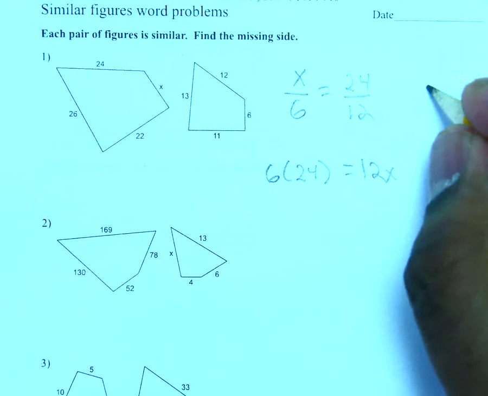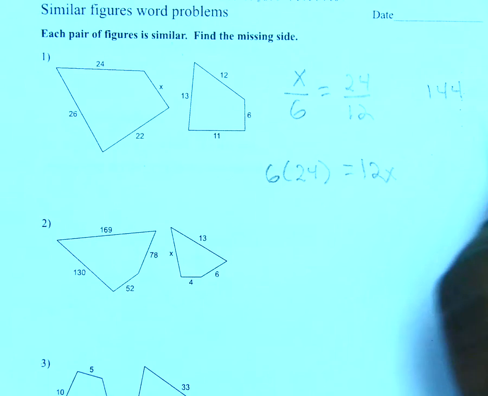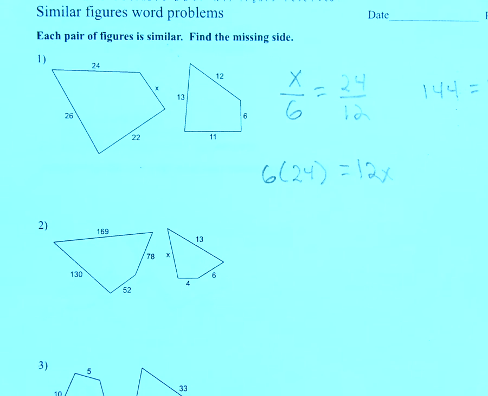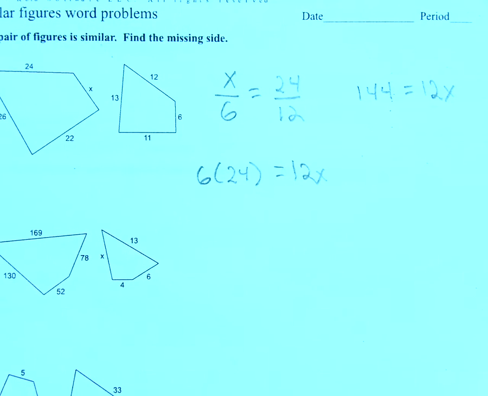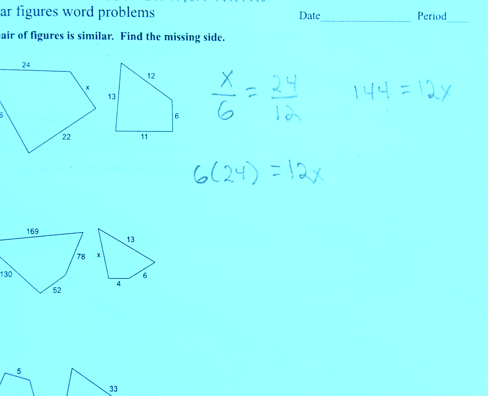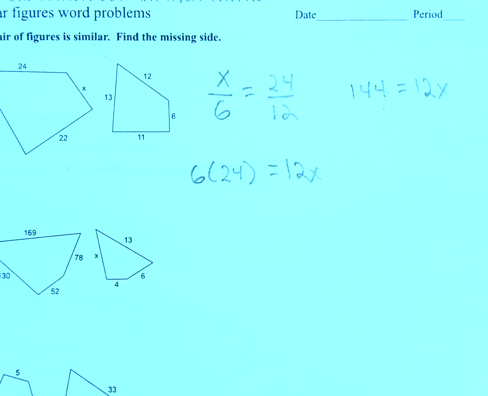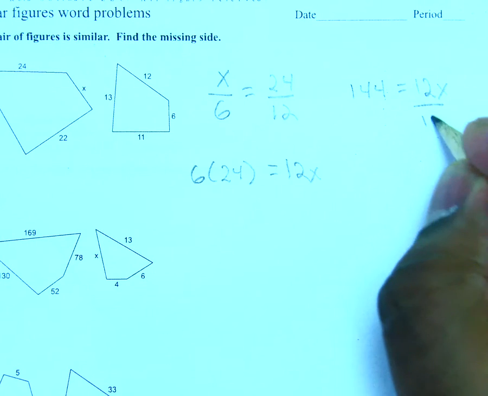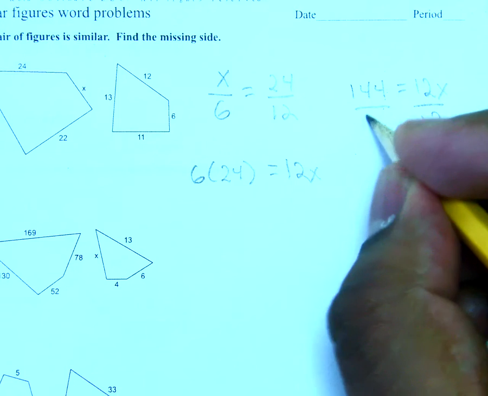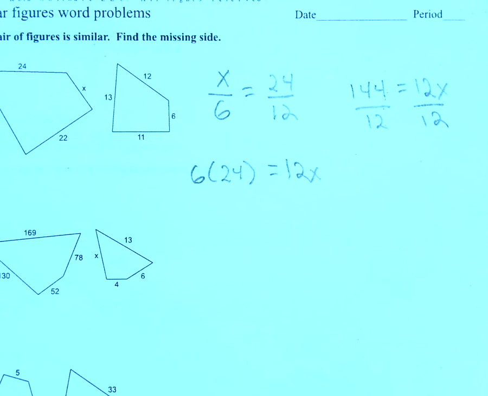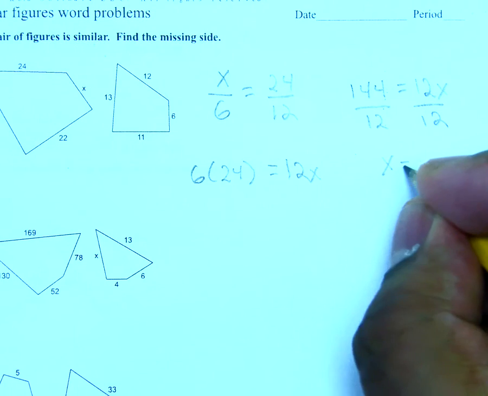Six times 24 would be 144, equal to 12x. And then you go ahead and divide by 12. And that'll get us x is equal to 12.